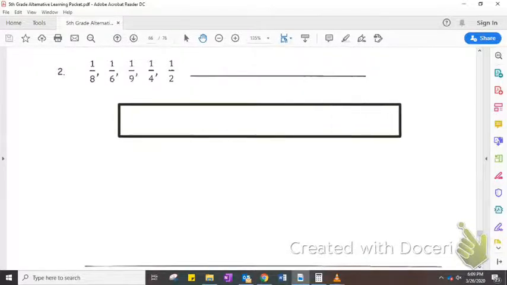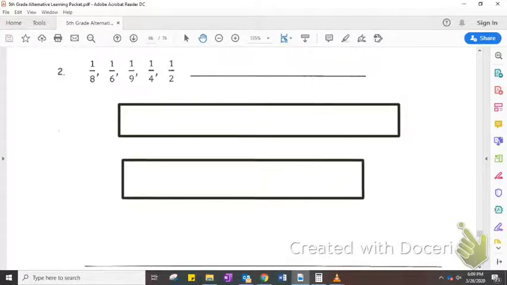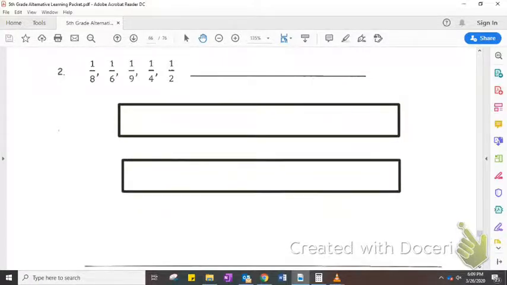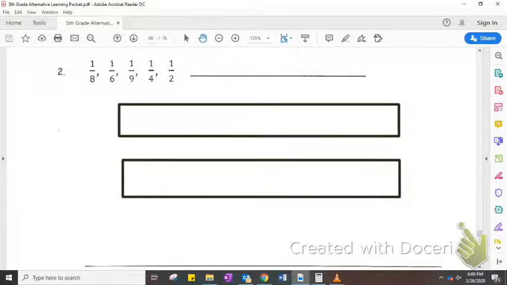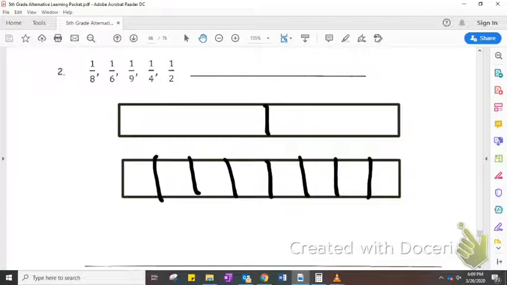And I'll show you with 1/2 and 1/8. 1/2, you're dividing the whole into 2 equal parts. That makes each piece pretty big. Now 1/8, you're dividing the whole into 8 equal parts. That makes each part pretty small. The more you divide it, the smaller the pieces will be.